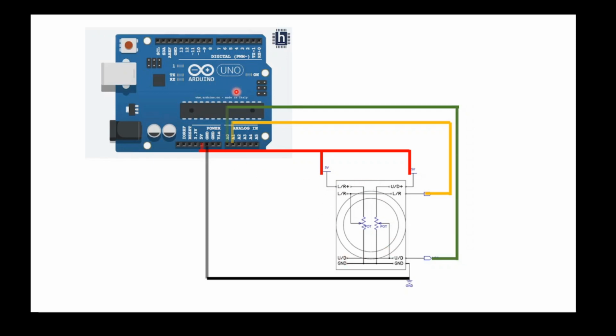So that's the first example. And the second example, which is our interest, I will use Python on my computer and communicate with the board in order to receive the value from the joystick. Now let's move to the first example where we will use the Arduino platform.